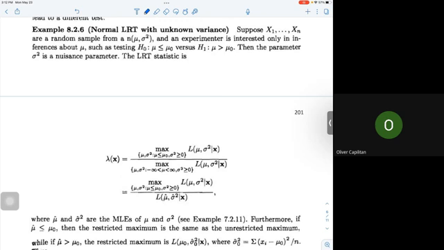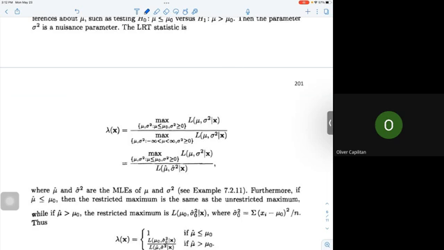Ayon sa definition natin, sup man siya, di ba? The supremum of all of the likelihood function where we consider the null parameter space for our numerator and the supremum of the likelihood function over the entire parameter space. Actually, halos wala naman silang kakaiba, yung maximum and supremum. But this time, ito na lang, it's the maximum.